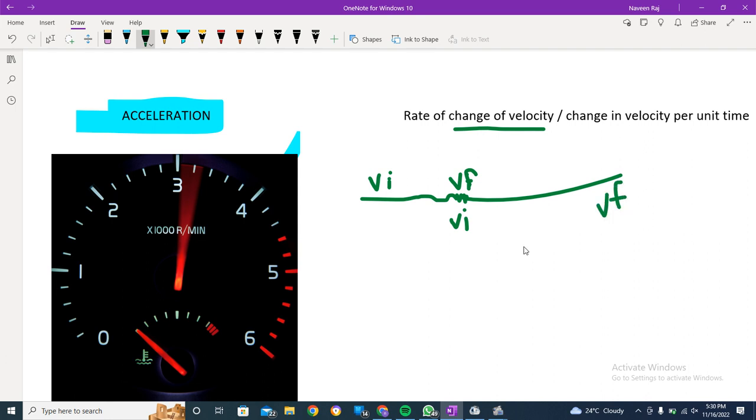There is a change of velocity over here. For suppose here it is 20, here it is 10 meters per second, here it again gets 20. Now here we have got the differences, and this is acceleration, the rate of change of velocity.